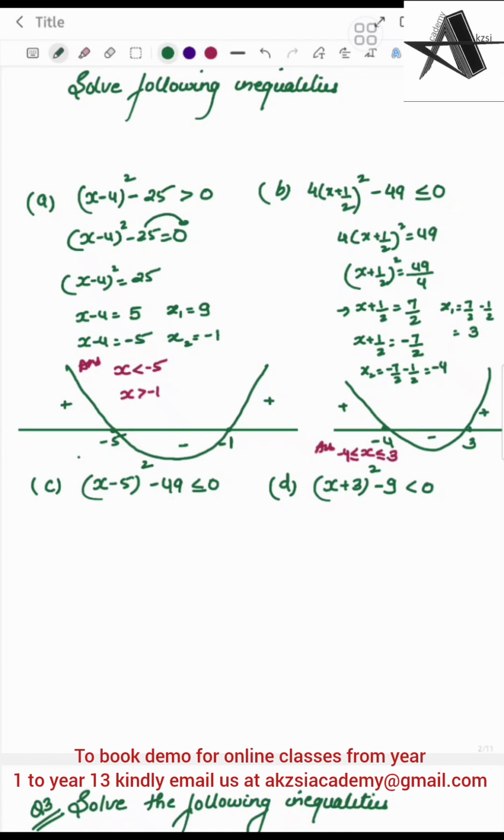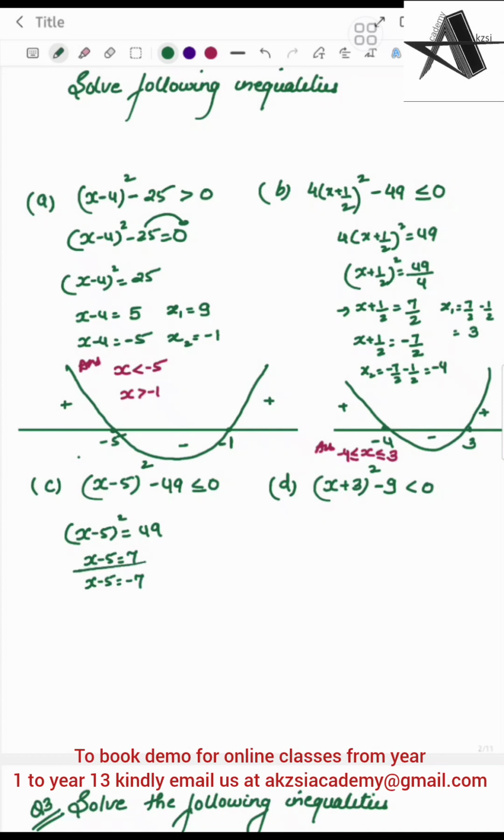Now solving this one, same I'll do. X minus 5 whole squared is equal to 49. Brought 49 to the right hand side. Take the root on both sides. X minus 5 equals +7. X minus 5 is equal to -7.